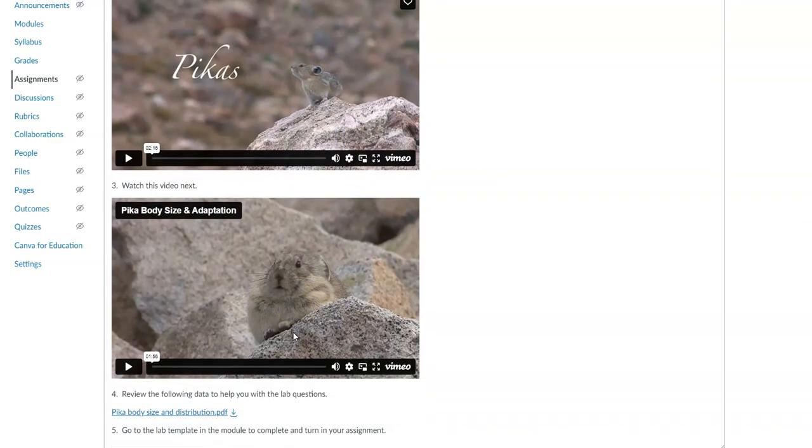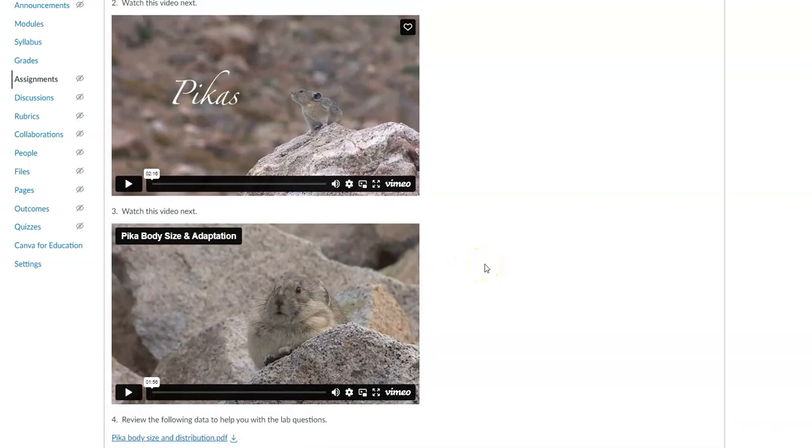Pikas live in colder and warmer areas. Because pikas can live in extraordinarily cold environments, up at high altitudes, snow and ice, but they can also live in milder environments, that takes an adaptation. It's not an easy thing for these animals to live in such diverse environments.